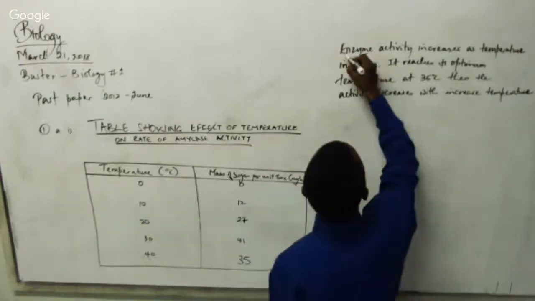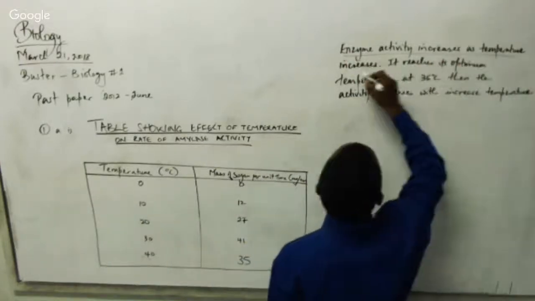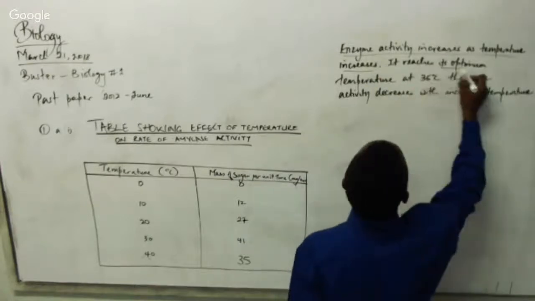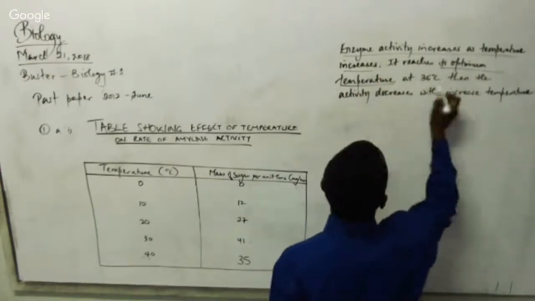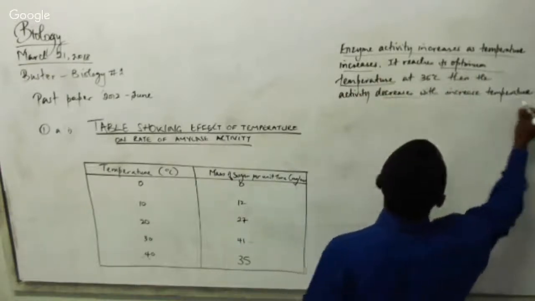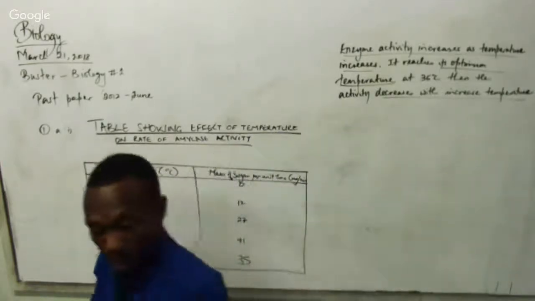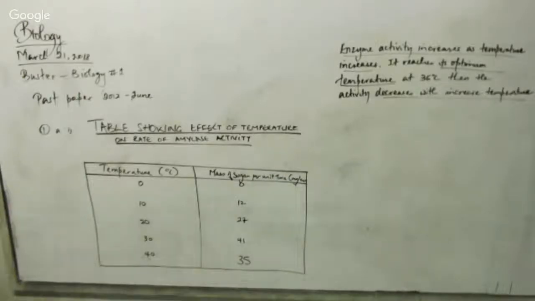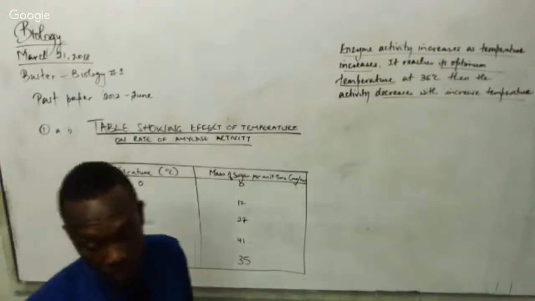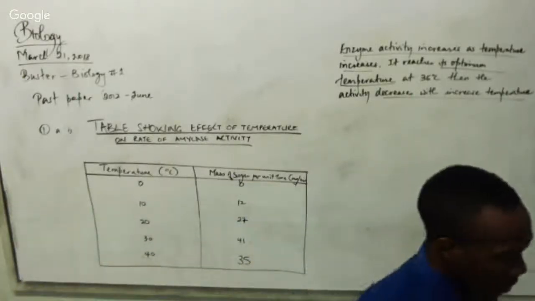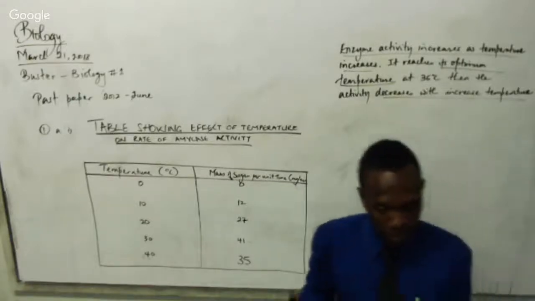You get 1 mark for saying it's increase. You get 1 mark for talking about optimum temperature, and 1 mark for saying that it decreases with the increased temperature. So that's how you get your 3 marks. If you just write one thing, you're only going to get 1 mark. Don't shortchange yourself in the exam.